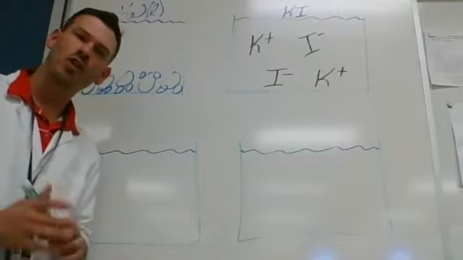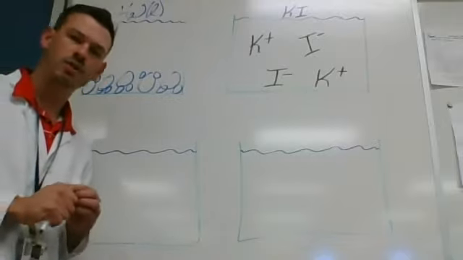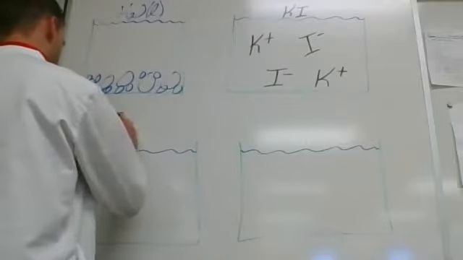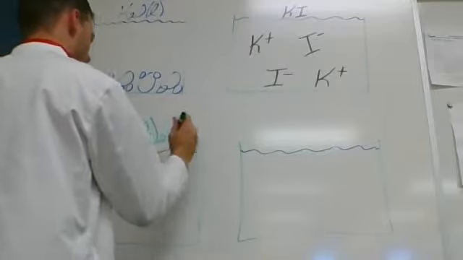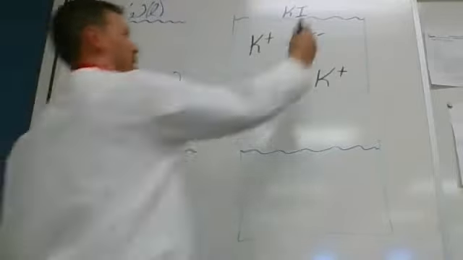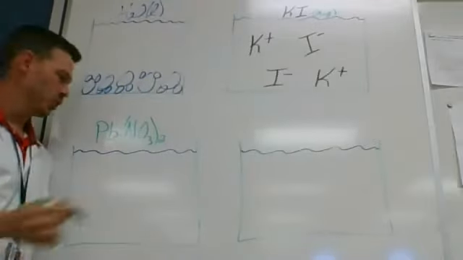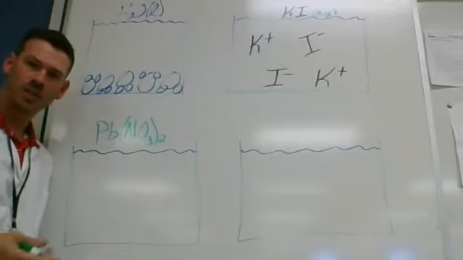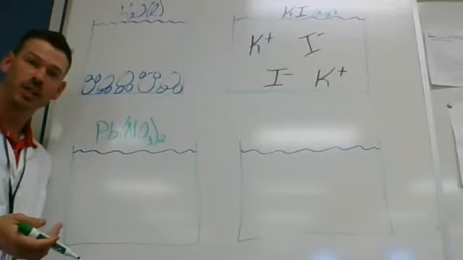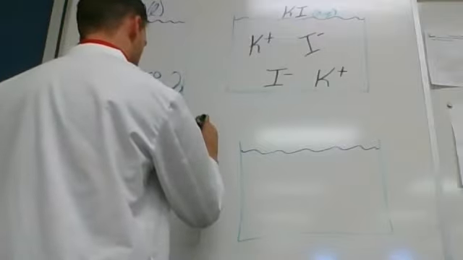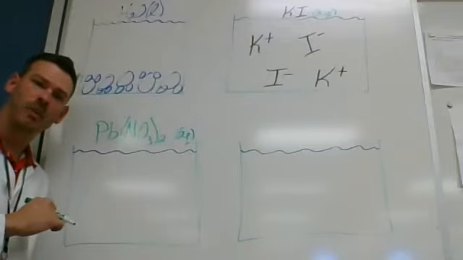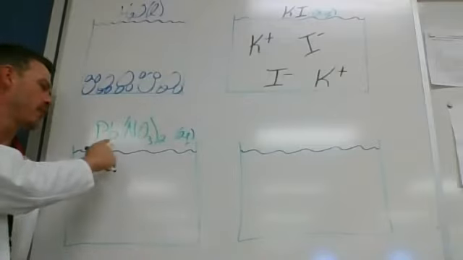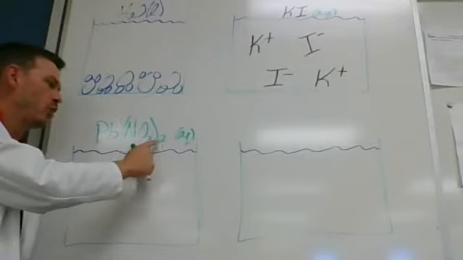Following your slides, the other solute that we're going to be using is lead(II) nitrate. All right, so, oh yeah, we said this guy was aqueous. And our big daddy will also state that all nitrates will go into solution. So again, we're going to have dissociation here. But realize the ratio is slightly different in this example because we know that in lead(II) nitrate, for every 1 lead ion, there are 2 nitrates.